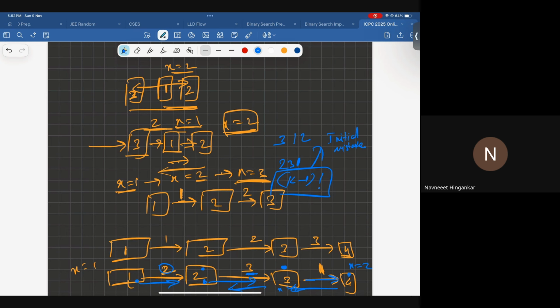X equal to 2. Then we move from x equal to 3. My x is equal to 2, x is equal to 2.